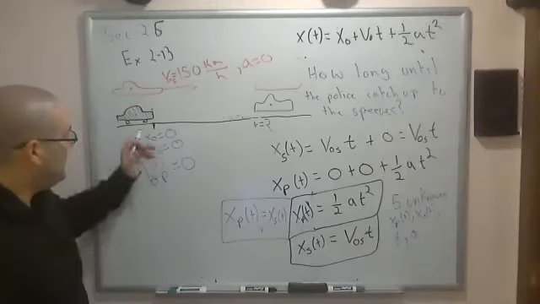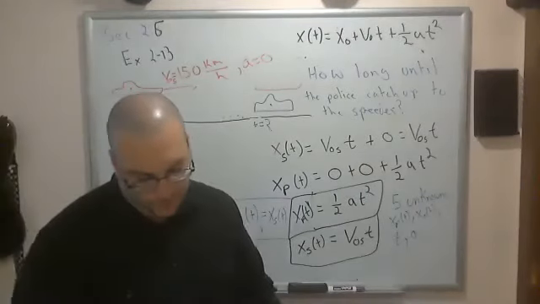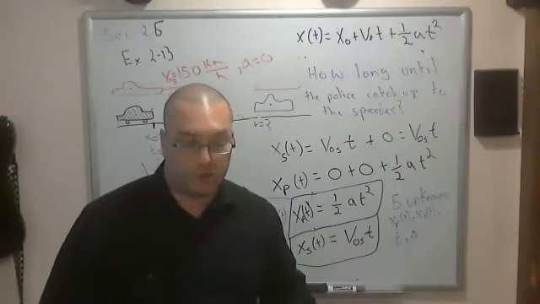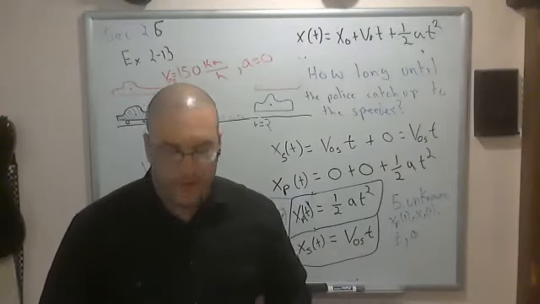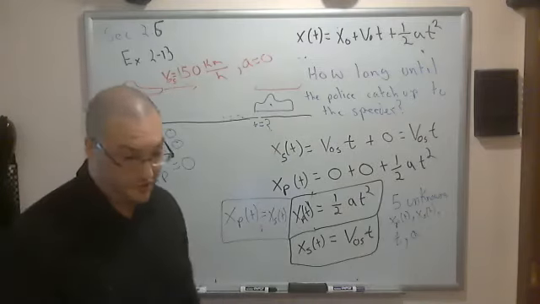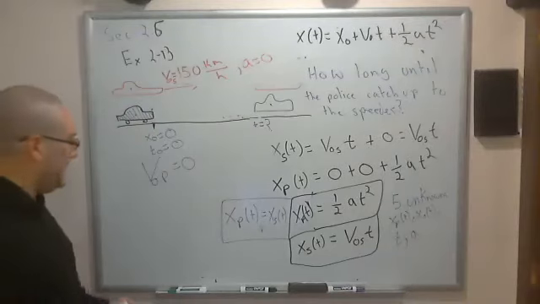But so here, let's say it accelerates to 100 kilometers per hour in 5 seconds. It's a cop car, it's supercharged. It's about 60 miles an hour.